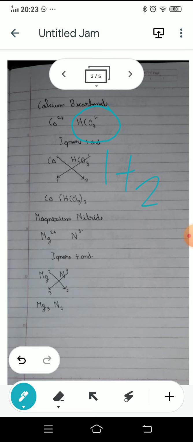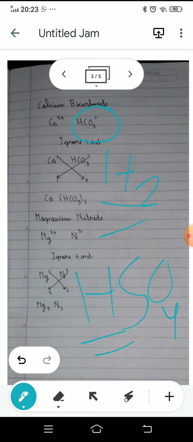So always write HCO3. Whenever there is the word bi in the name, it should be simply H. For example, bisulfate is HSO4. So don't write 2 in front of the H.